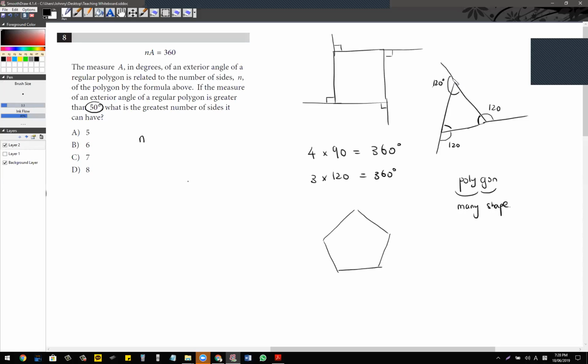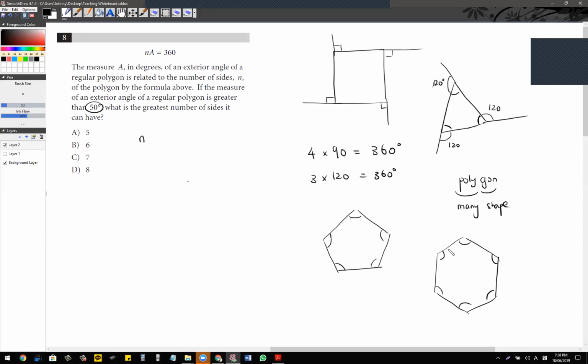A polygon could be a triangle, rectangle, square, pentagon or hexagon. These are all polygons. But when it says regular polygon, it means all these angles must be the same.